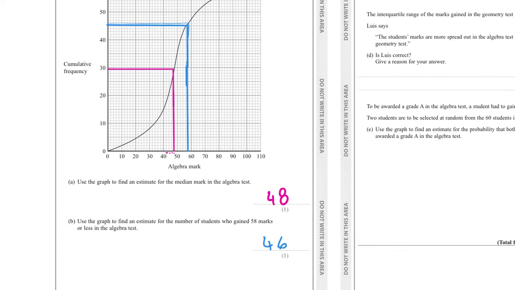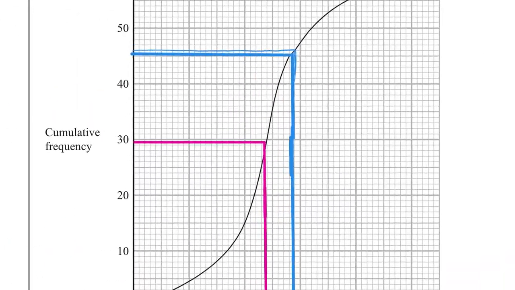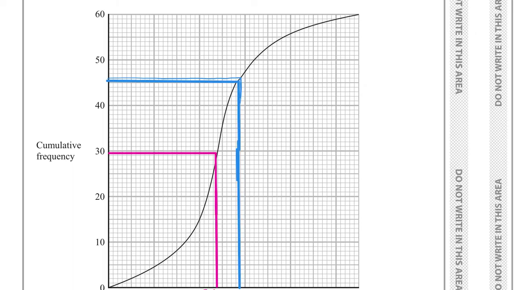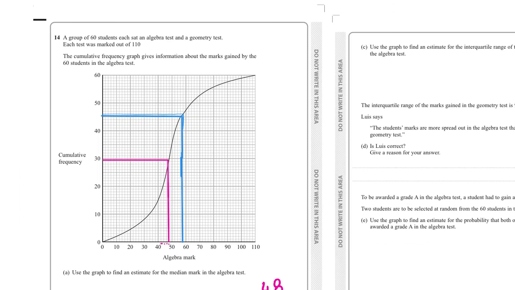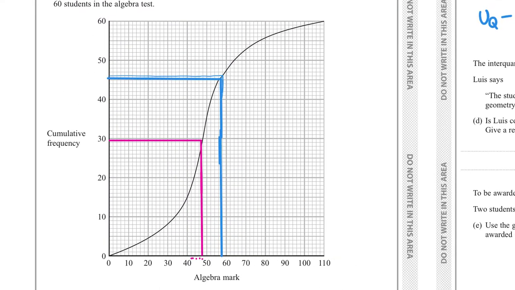So use the graph to find the interquartile range. Okay, what's the interquartile range? Yeah, upper quartile minus the lower quartile. Okay, so the upper quartile, if we have 60 times 3/4, what do we get? 45.